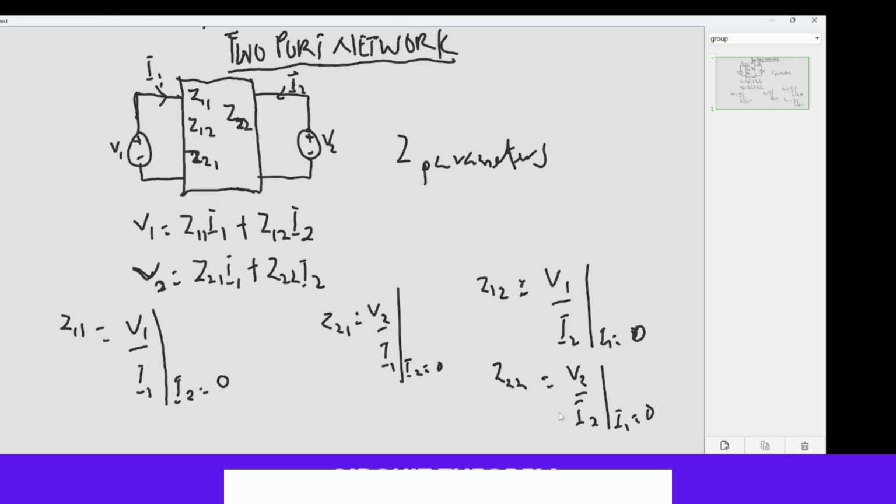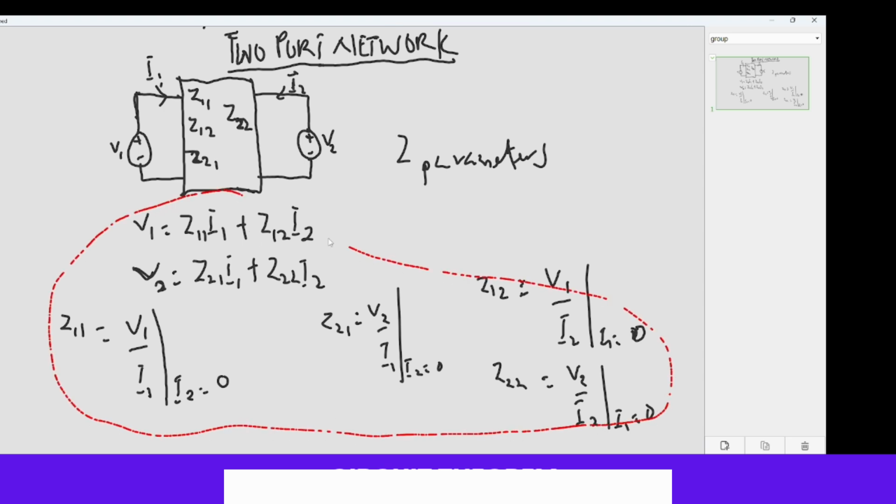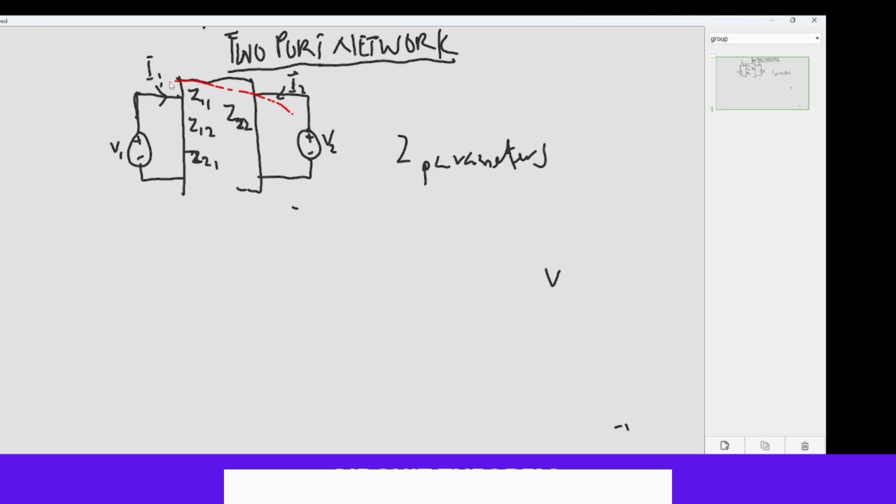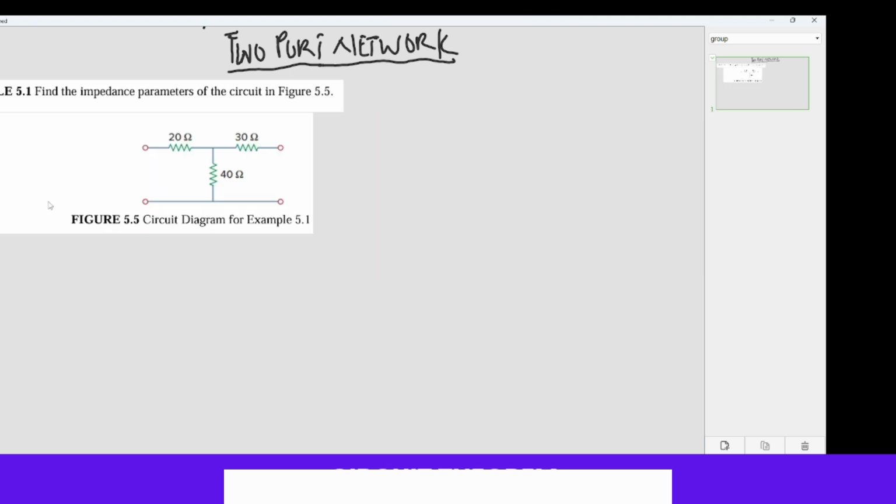Okay, so now we are going to solve a question that will entail our whole system of the Z parameters. So let's take our question. Our question states that we define the impedance parameters of the circuit in figure 5.5. And this is the circuit diagram for the impedance.